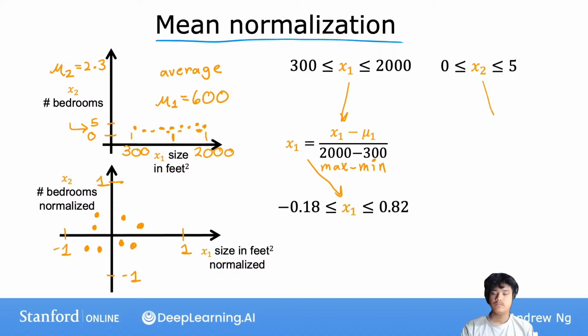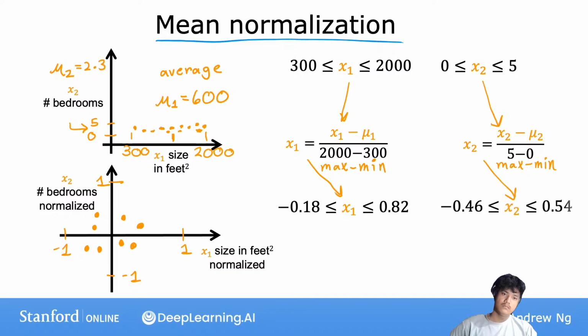Then you can take each x2, subtract mu2, and divide by 5 minus 0. Again, the max 5 minus the min, which is 0. The mean normalized x2 now ranges from negative 0.46 to 0.54. So if you plot the training data using the mean normalized x1 and x2, it might look like this.